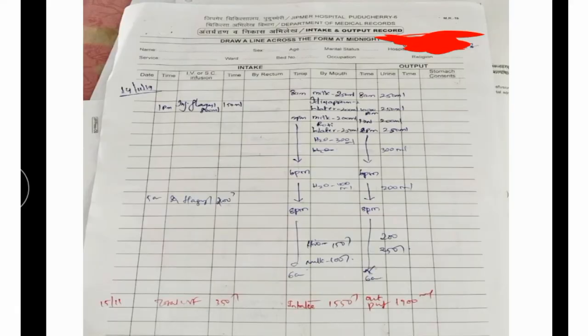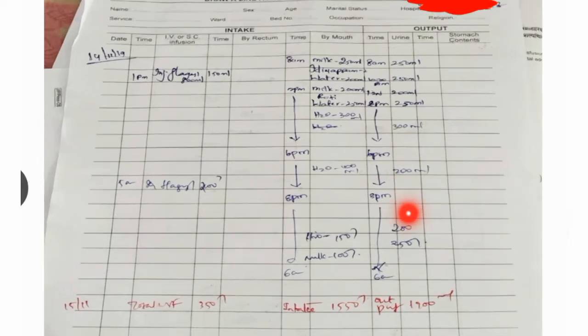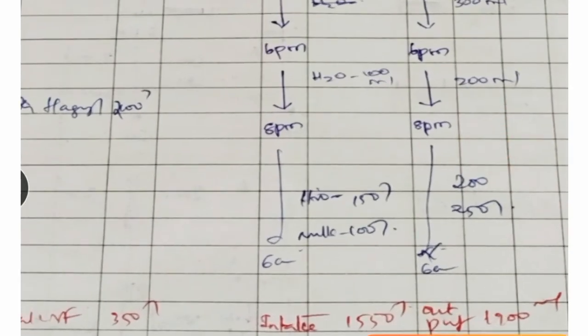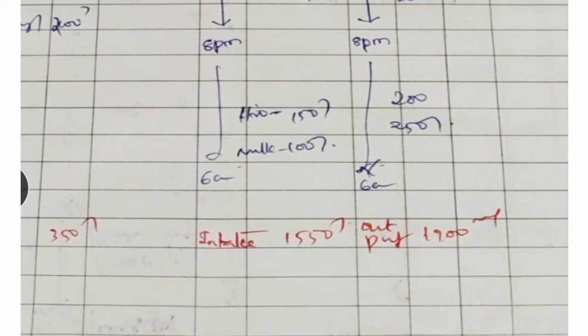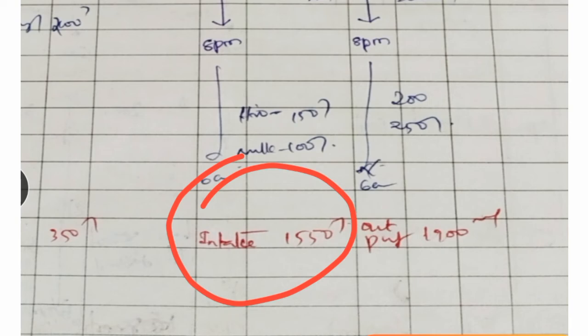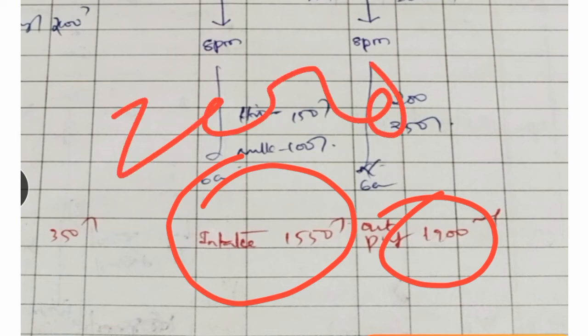Or in this chart you can see, total intake is 1550 and 350, so it will be approximately 900 only. So total intake is 900 and output also 900. So it will be zero, neither positive nor negative balance.